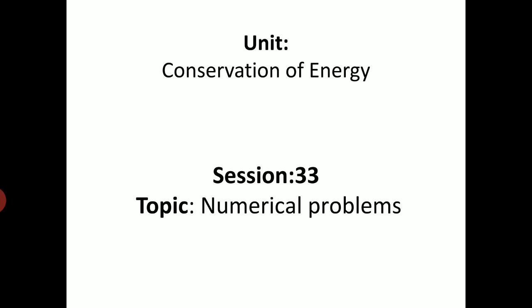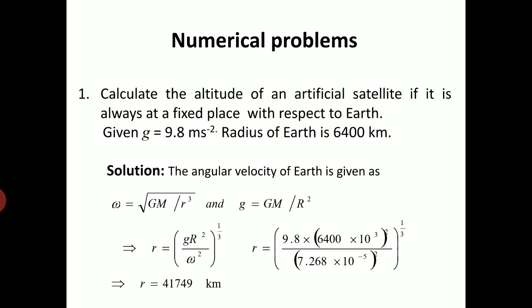In this session, I am going to discuss the numerical problems of the topic conservation of energy. First, we will discuss the first numerical problem: calculate the altitude of an artificial satellite if it is always at a fixed place with respect to Earth.